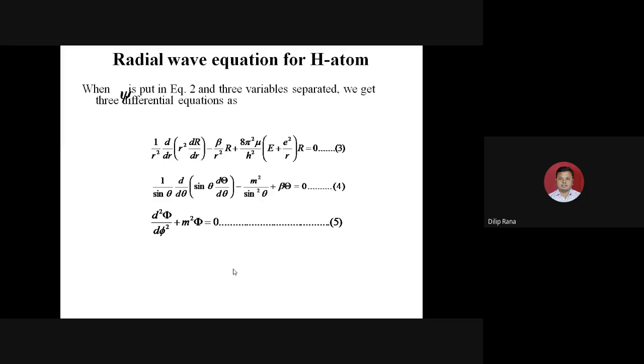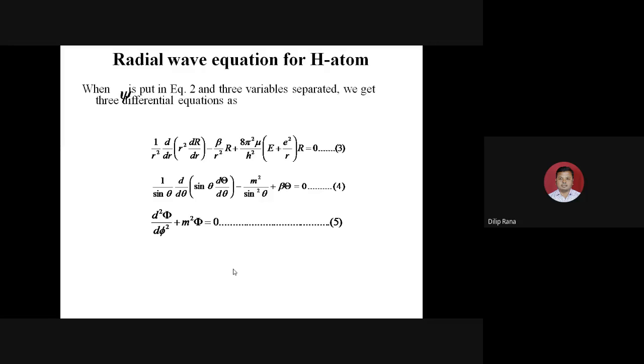I am repeating here what we have done. We consider the Schrodinger equation for the polar coordinate as psi, and psi depends on three variables. The first variable is r, the second variable is theta, and the third variable is phi. We have to separate these variables, because each variable will have different information.